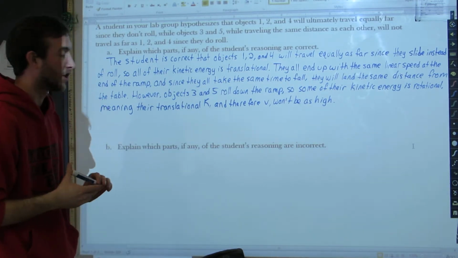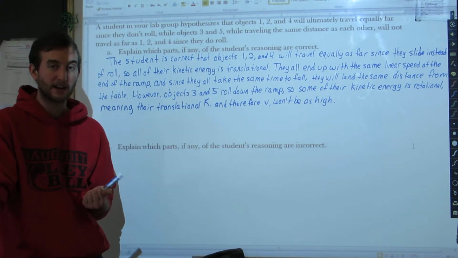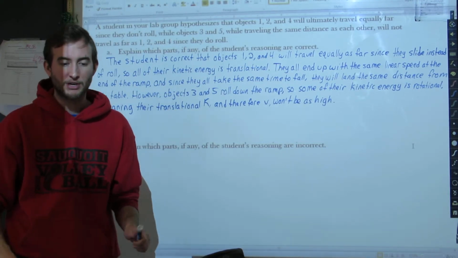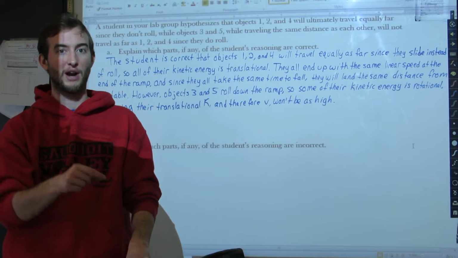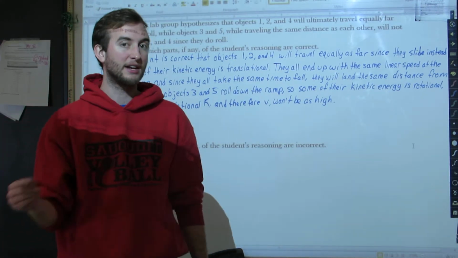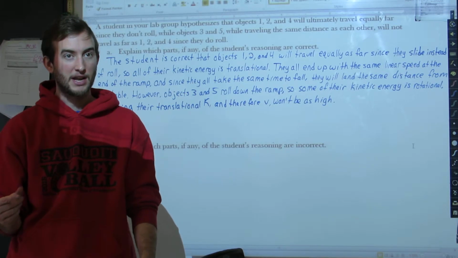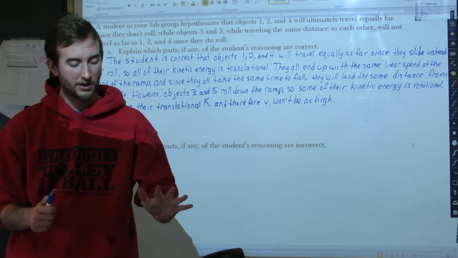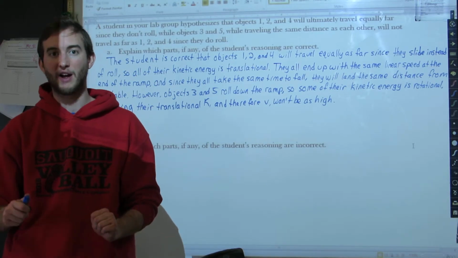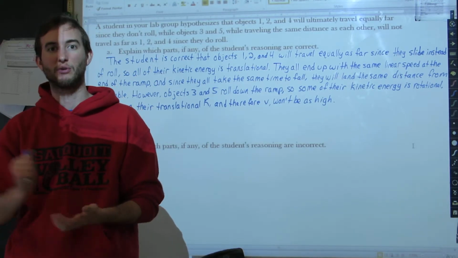each of these objects is the same. The total kinetic energy is the same for 1, 2, 3, 4, and 5. The reason we know that is because they all start with the same amount of gravitational potential energy. So all of that becomes kinetic energy at the bottom. It's just that for 1, 2, and 4, the kinetic energy is purely translational. For 3 and 5, it is translational and rotational.